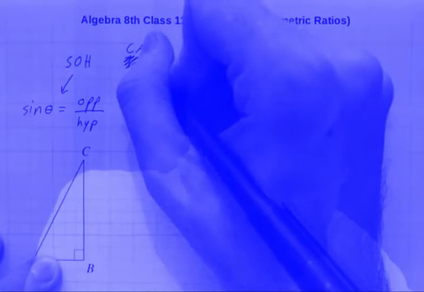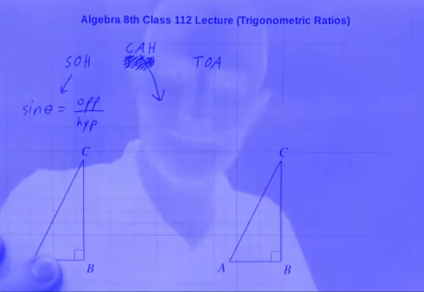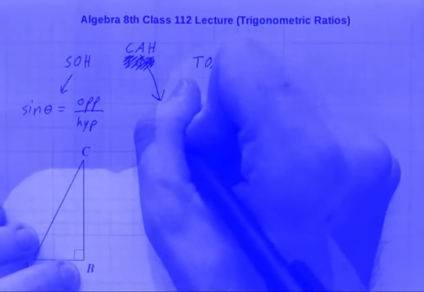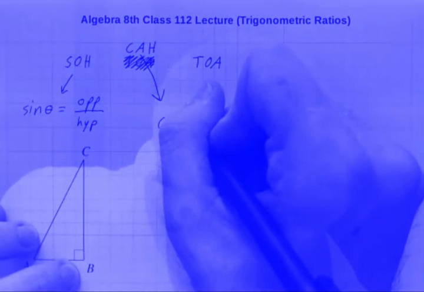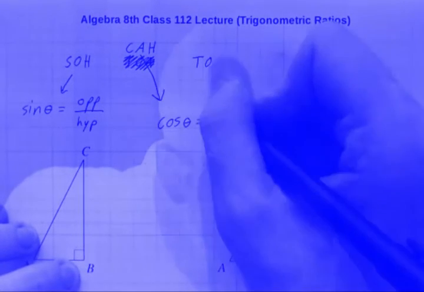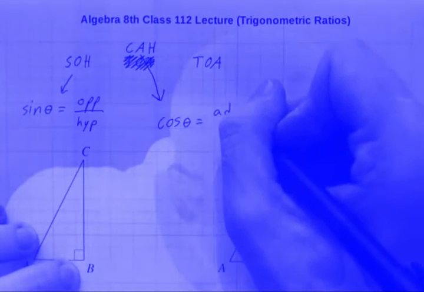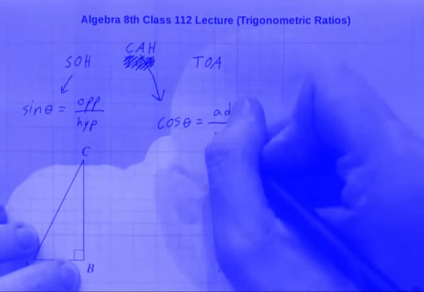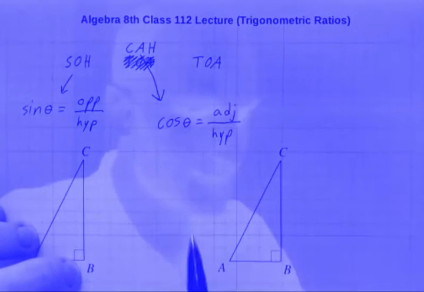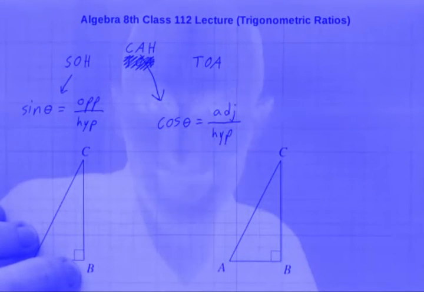Okay. Now let's talk about CAH. CAH represents cosine of theta is equal to adjacent over hypotenuse. Once again, this symbol, theta, represents an angle.